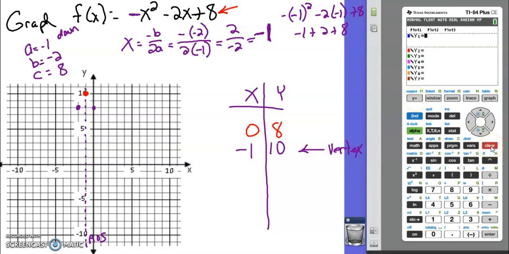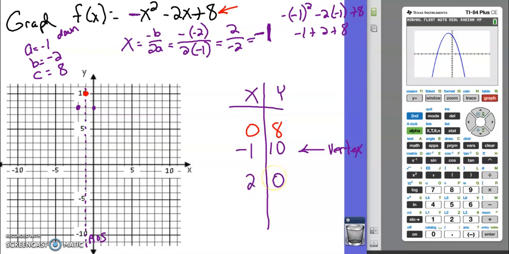So I'm going to go to my calculator, -x squared minus 2x plus 8. If I look at the graph, notice it looks like 2, 0, and -4, 0. So now I have enough to graph my parabola.